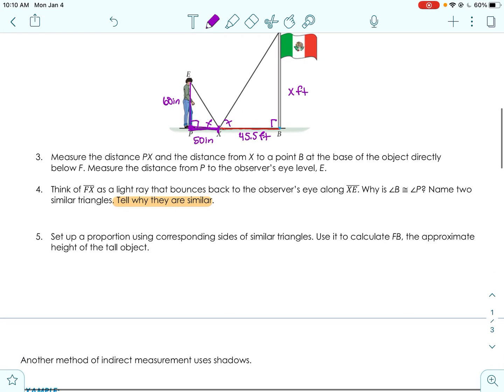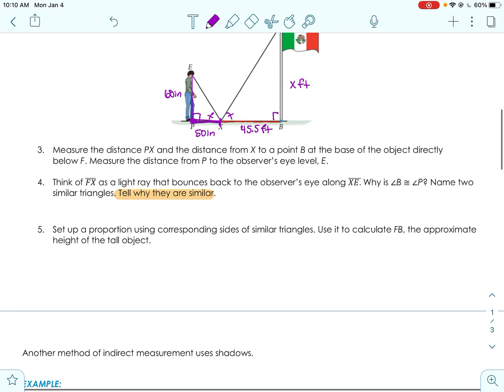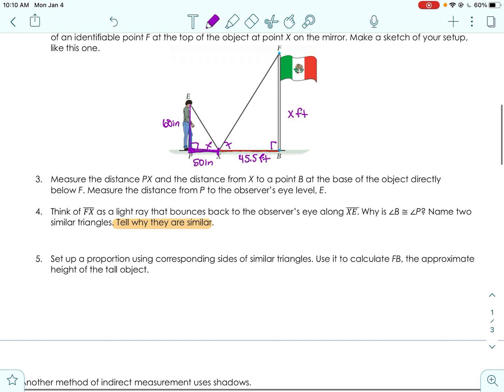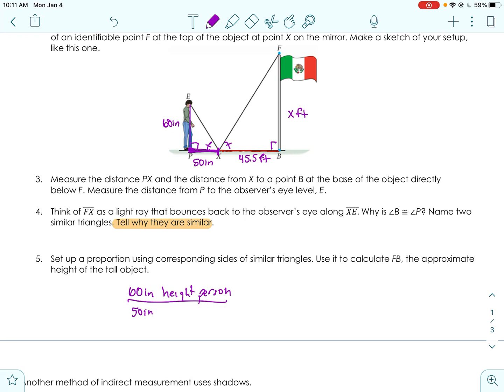So now we can set up a proportion using similar triangles to calculate the height of the flagpole. So we have 60 inches is the height of the person, and the 50 inches is the distance from the mirror of the person.